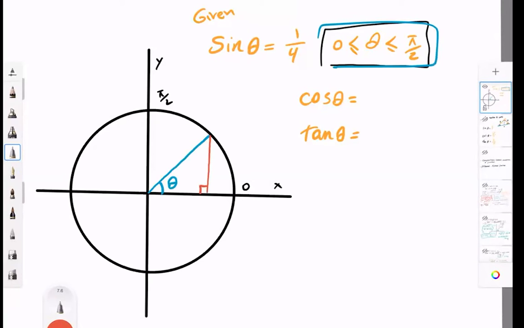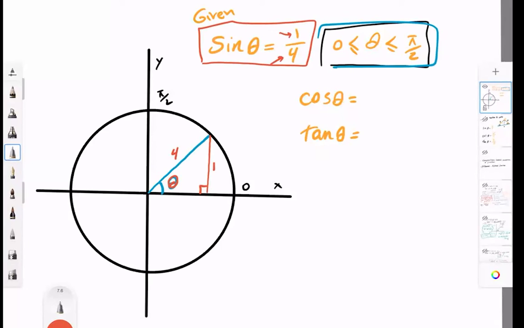Now we have sine of theta is 1/4. On the right triangle, same as the previous question, sine is opposite over hypotenuse, correct? So this can be 1 and this can be 4, because opposite to theta is 1. So this is 1 and that's 4.